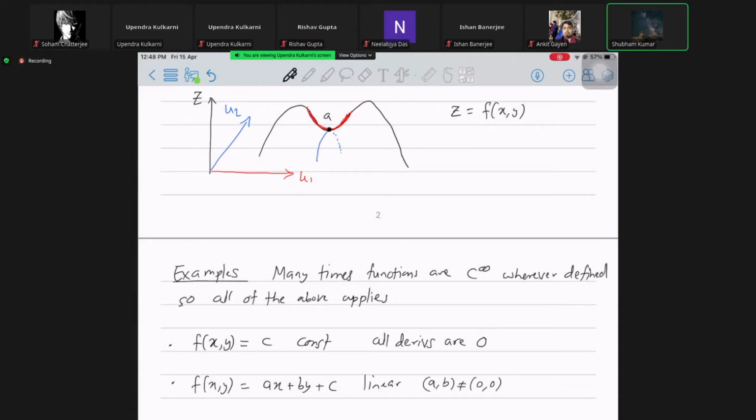We don't have any. I mean, the derivative is the matrix A comma B, and I just said that it is not both zero. So no critical points. But you also know this function does not have any maximum or a minimum. It will just go off to infinity.